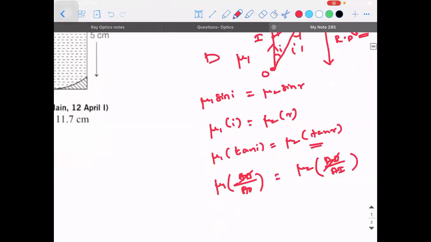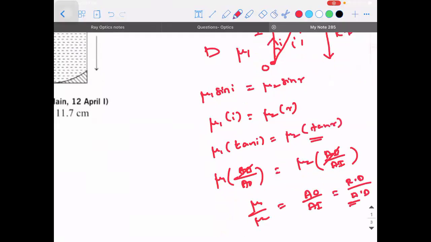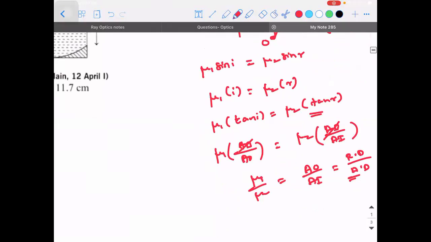AB gets cancelled. Mu1 by mu2 is equal to AO divided by AI. What is AO? Real depth divided by apparent depth. So this is the formula that we are going to use to solve this problem.